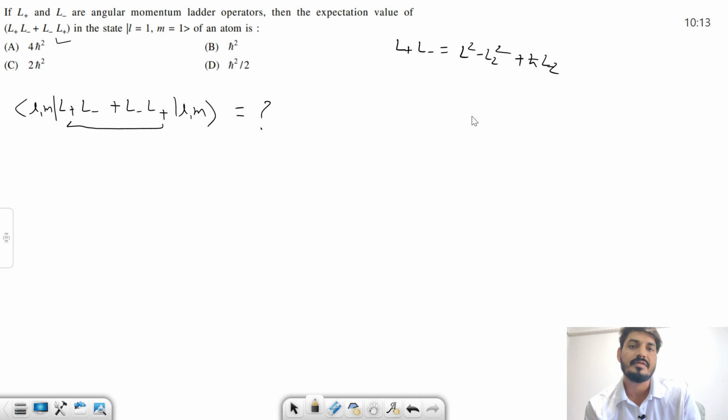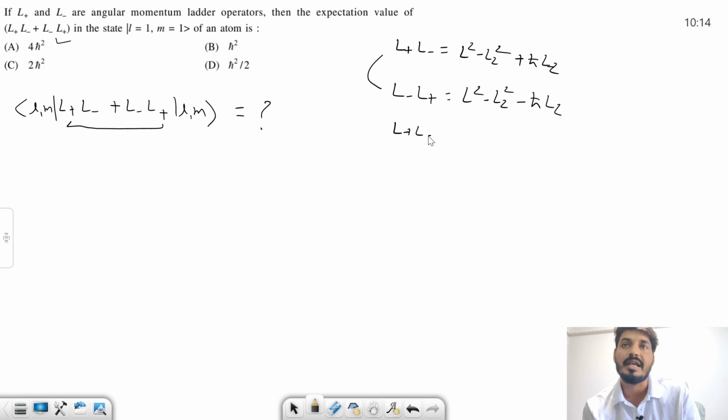Similarly, what is L minus L plus? This is L square minus LZ square minus h cut LZ. So when you add these two, L plus L minus plus L minus L plus is nothing but 2 times of L square minus LZ square.